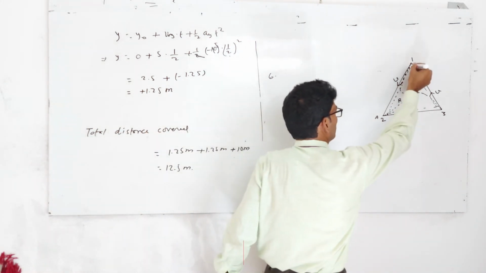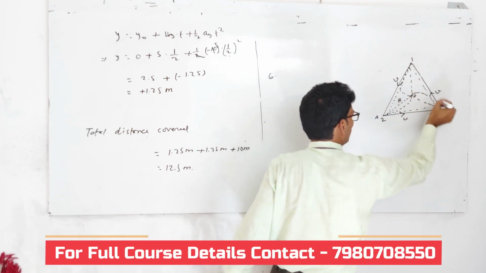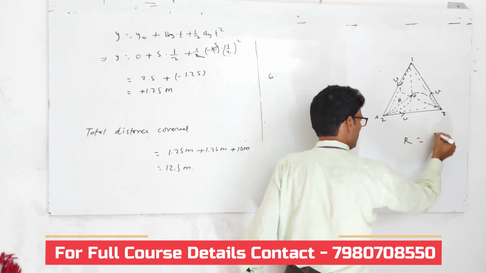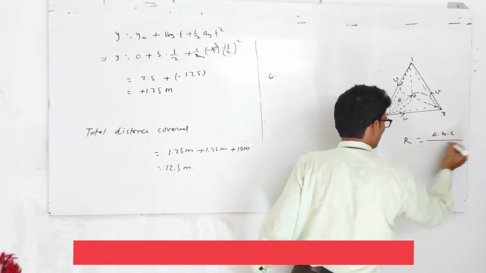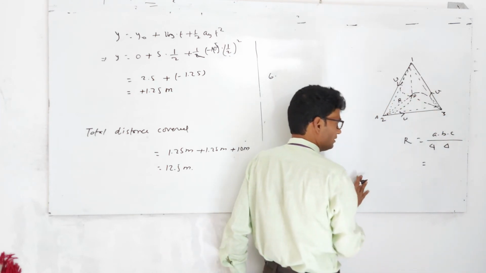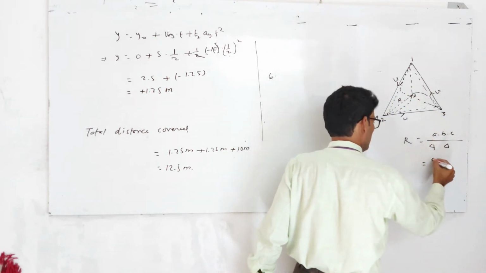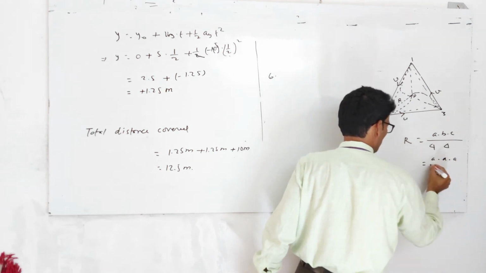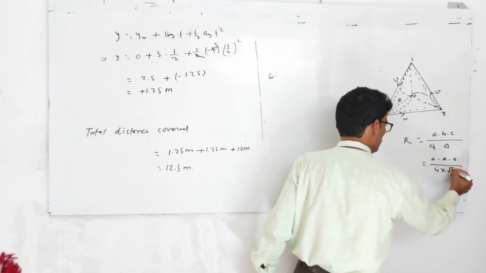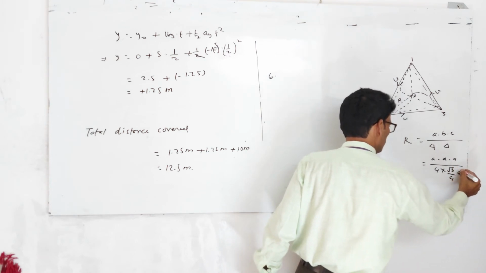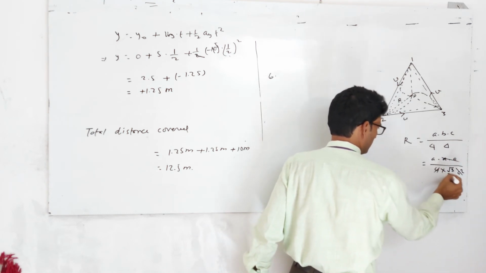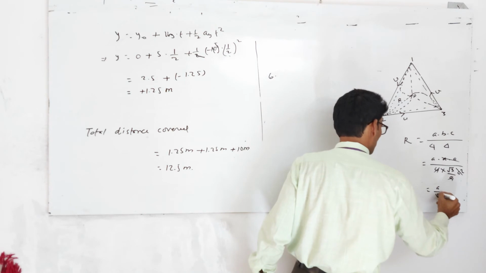So this is circumradius in fact. We all know the formula of circumradius is A into B into C over 4 into area of triangle. So here the triangle is equilateral, so A is a, B is also a, C is a. 4 multiply area of triangle, we all know root 3 over 4 into side square. So look at here, side square is cancelled, 4 is cancelled already, this comes out to be a over root 3.